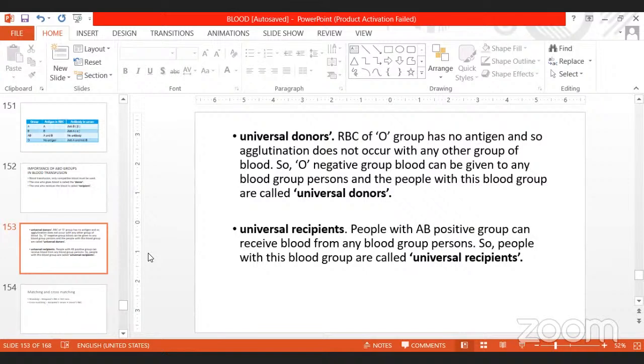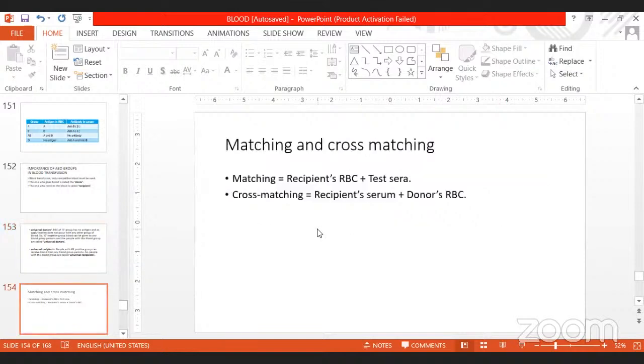And universal recipients, that is the AB positive blood group, because they are having both A and B, and they don't have any antibodies. So they are known as the universal recipients which can receive any blood group. So before going to the blood transfusion, we have to do a matching and a cross matching to check whether the blood groups are compatible.